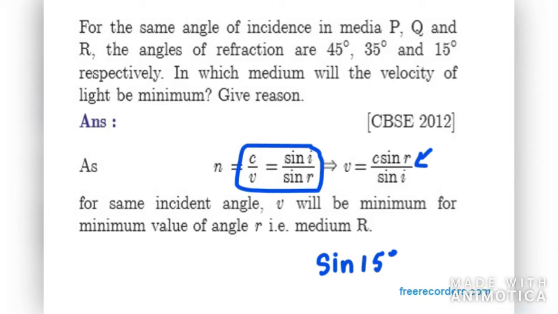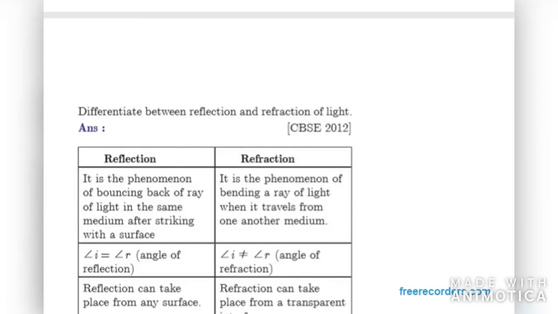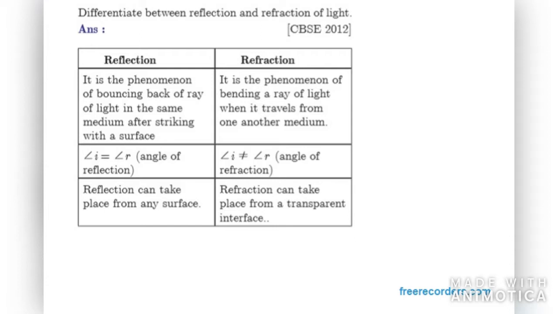Now moving on to next. It says differentiate between reflection and refraction of light. Reflection, as you know, is the bouncing back of a ray of light in the same medium after striking a surface. Refraction is the bending of a ray of light when it travels from one medium to another medium.